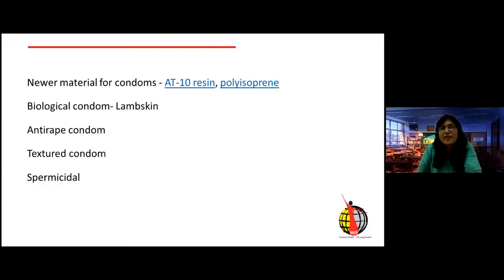And of course, textured condom is to improve the pleasure during intercourse. And spermicidal condom is another condom which has a spermicidal agent along with the routine condom, but research has not proven that it is better than the routine condom, so it is not in vogue, it is not in use. But you should all be knowing about the various types of condoms.